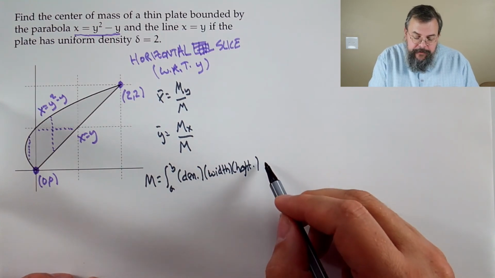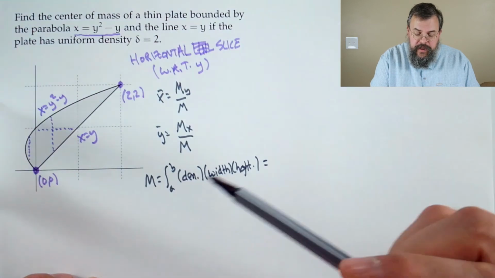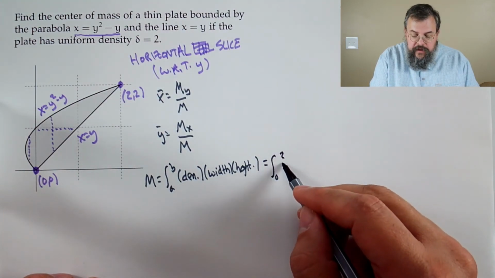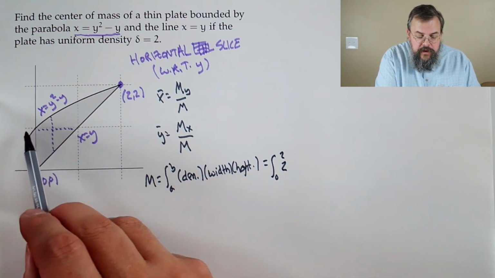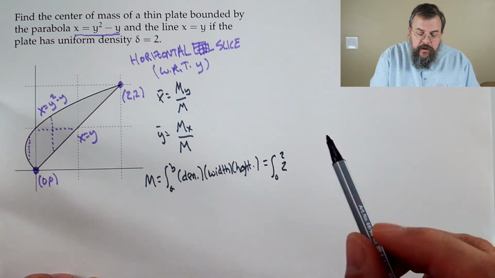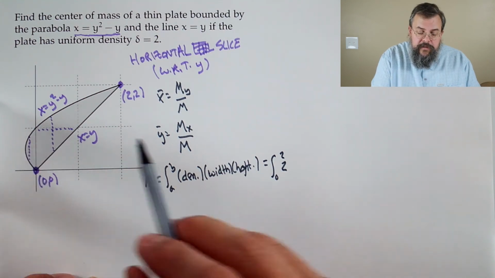So what do we have? Well, we know where we start and finish. We start at 0 and at 2. So we're going from 0 to 2. Our density is 2. Our width is between the two curves. So that would be high minus low, right minus left.